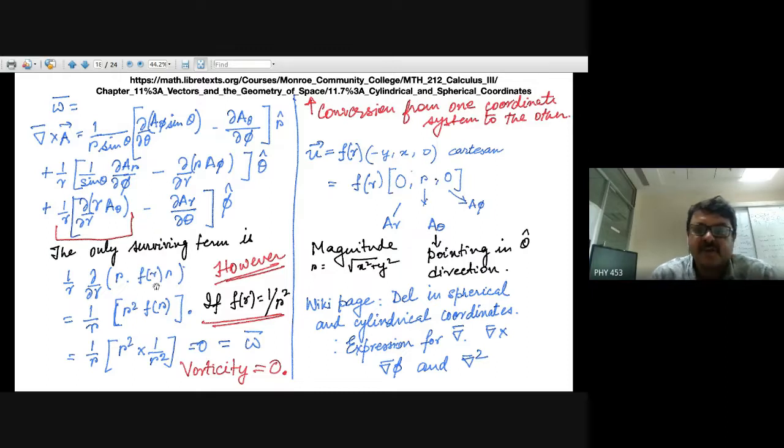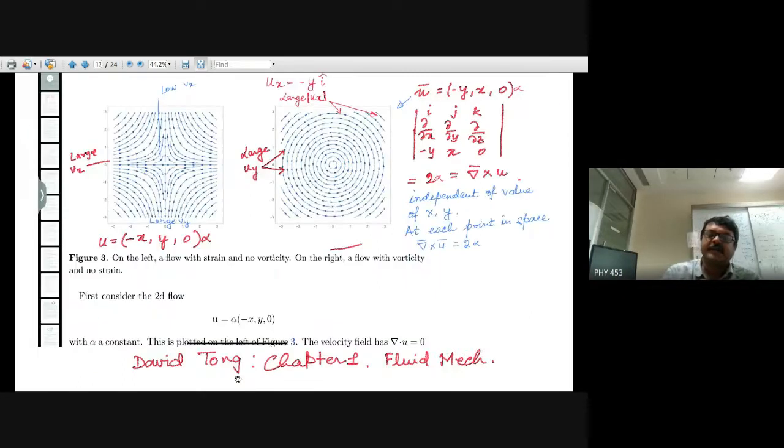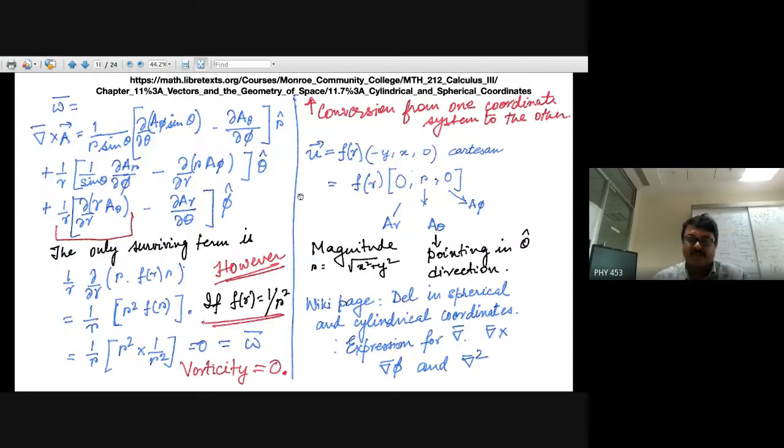So we have written that r, but if f of r was such that it went down as 1 by r square, then in spite of having streamlines which look like this, which are clearly circular and appear to have vorticity, the vorticity will be 0, right?